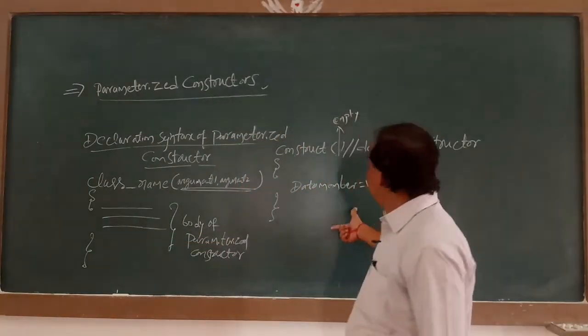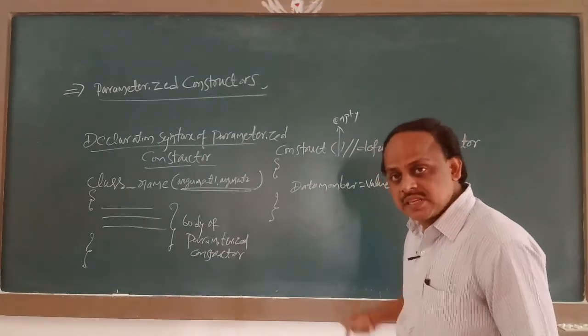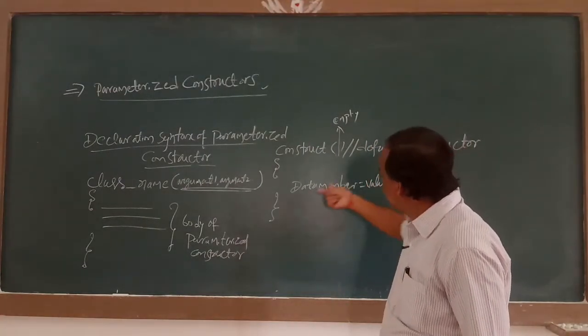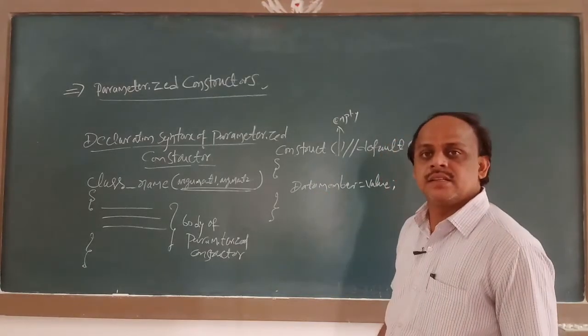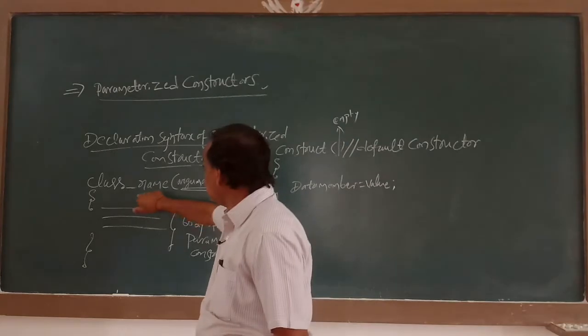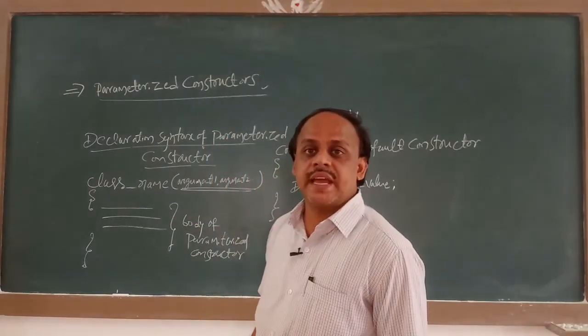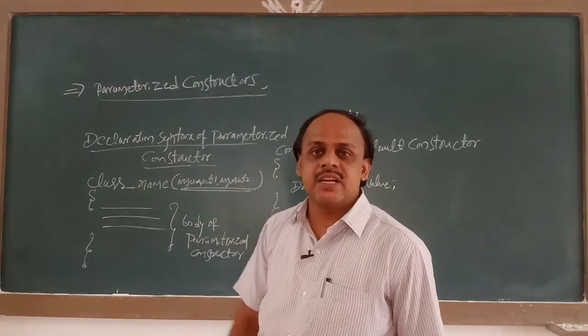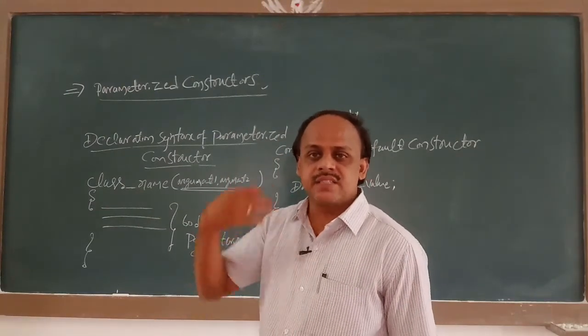Whereas in the default constructor, it is compulsory that a value is assigned to a data member of a class. In the parameterized constructor, the body may contain anything: data initialization, any declaration or any cout statement.